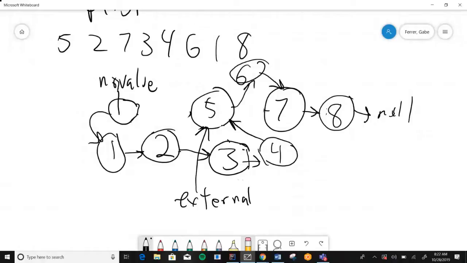Now, having that external reference, I can ask that external reference a question, like, what's the next biggest thing? And it can come back, and in constant time, it can tell me that that next biggest thing is a 6. So again, so far, we're not in a situation where we've improved tremendously on an array.